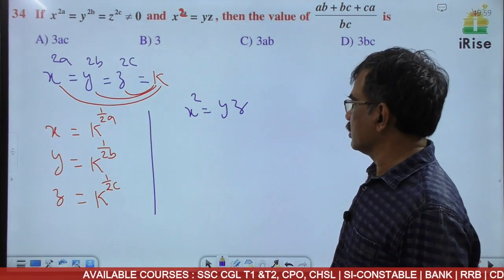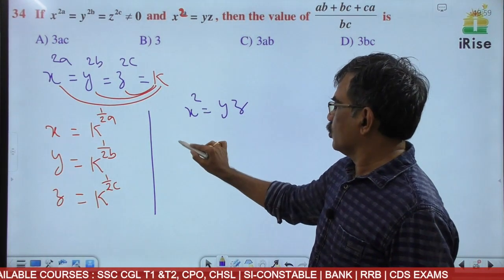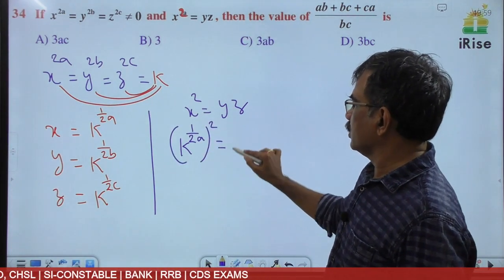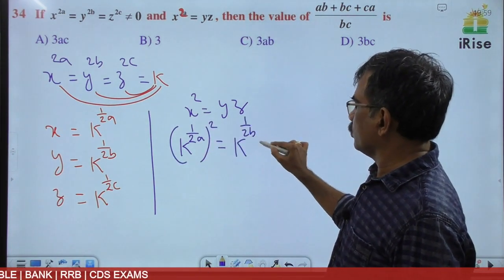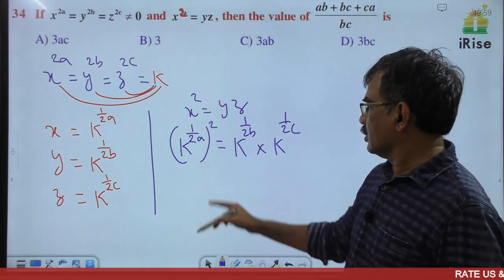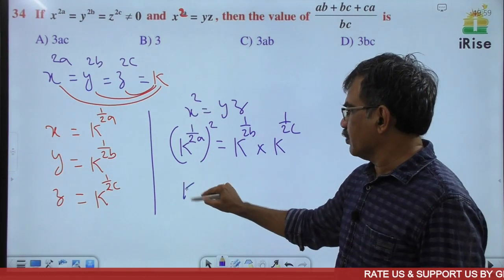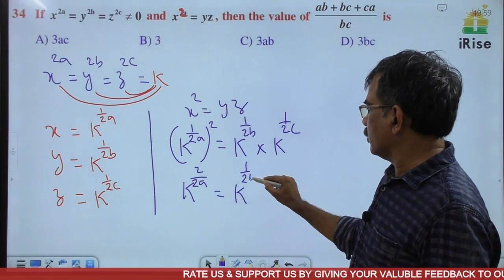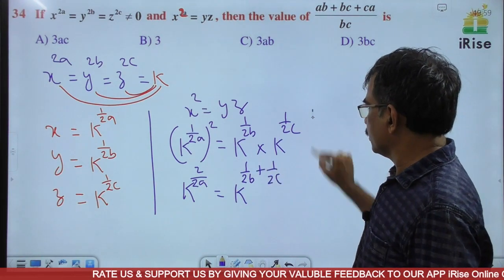This is the condition. In the place of x, put k power 1 by 2a whole square is equal to k power 1 by 2b into k power 1 by 2c. Okay, so k power 2 by 2a is equal to k power 1 by 2b plus 1 by 2c.